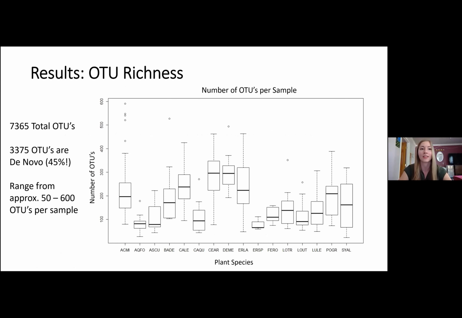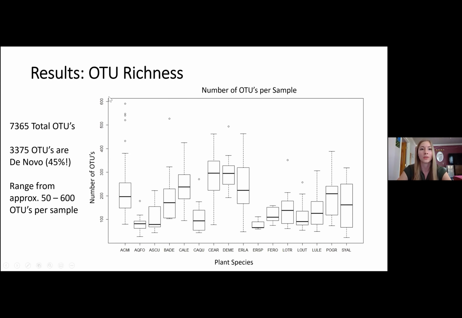Interestingly, 3,375 OTUs, nearly half of them, were completely de novo bacteria. So there is still so much to learn about these microbial systems. We just don't have the capacity in the database yet to even understand what nearly half of my bacteria are.